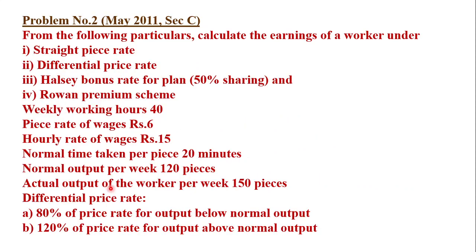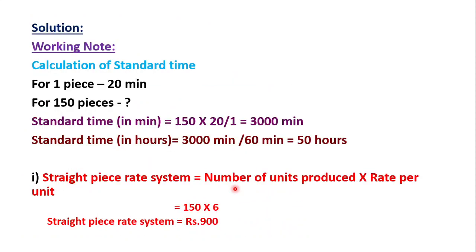Here 150 pieces is the actual output of the worker per week. Okay. For one piece 20 minutes, so for 150 pieces how much? Cross multiply, then we will get 3000 minutes. This is the standard time in minutes.